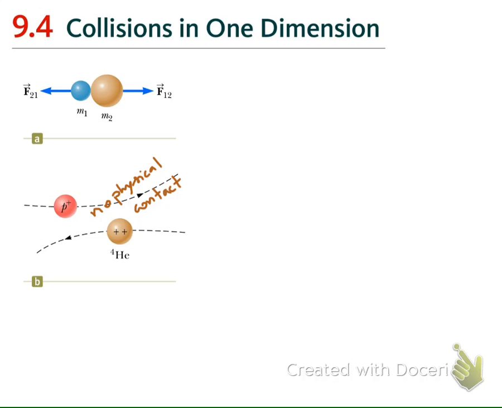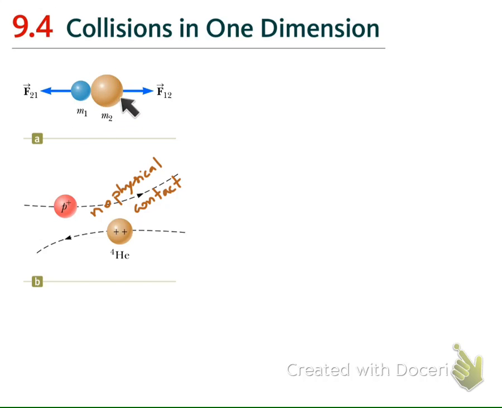The most important characteristic of the collision is that it happens in a very short time. When we say it happens in a very short time, it means that the interaction between two objects happens in a very short time.